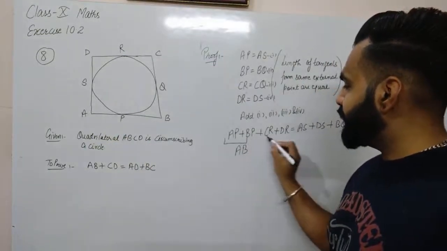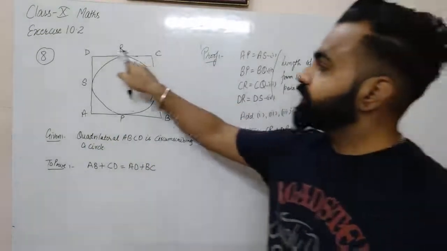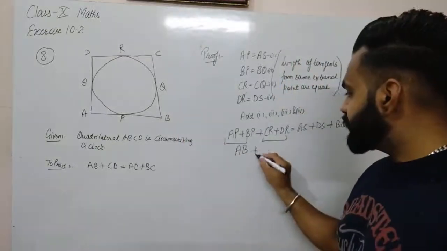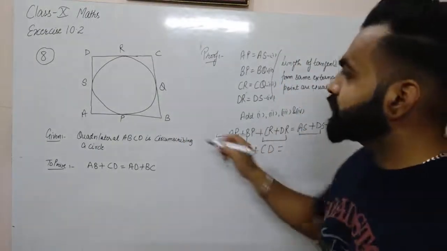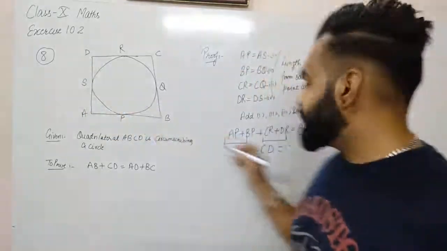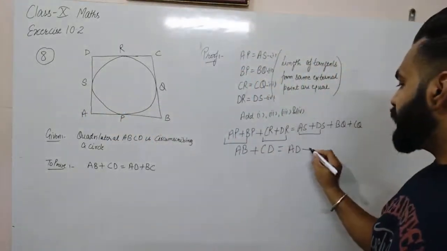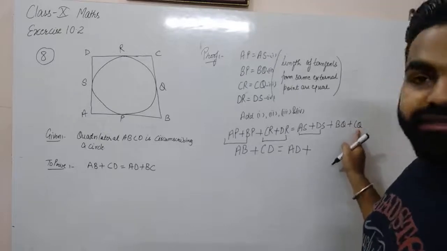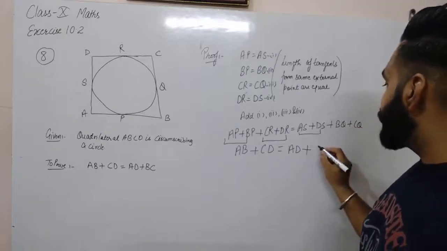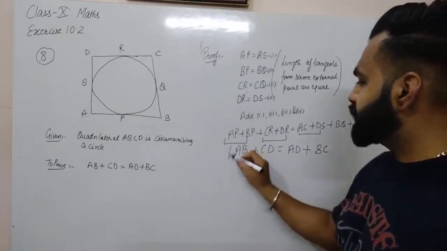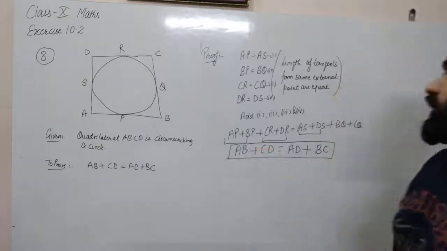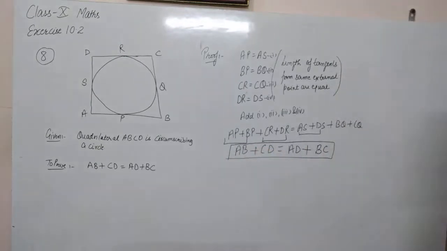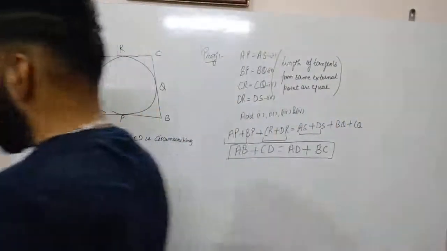Similarly, CR plus DR is CD. AS plus DS is AD, plus BQ plus CQ, this will become BC. So this is the proof of this question, question number 8.